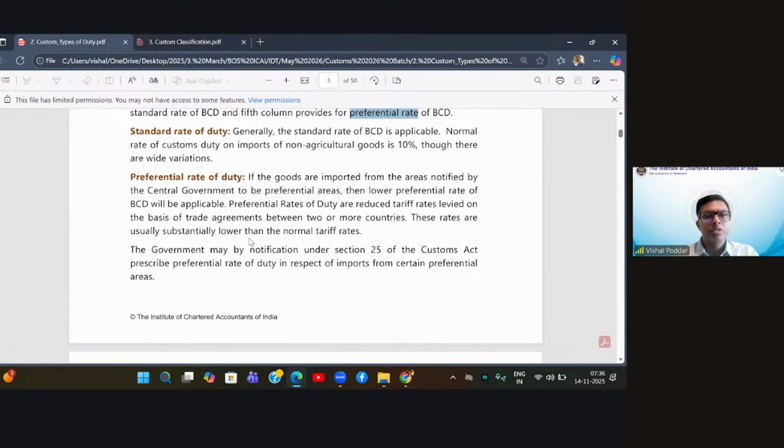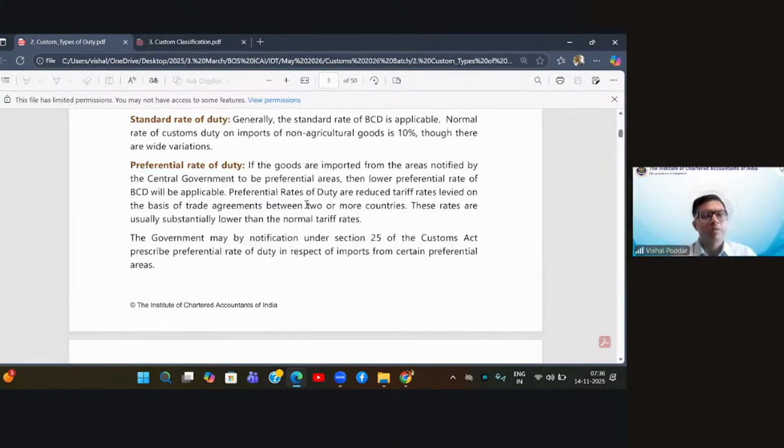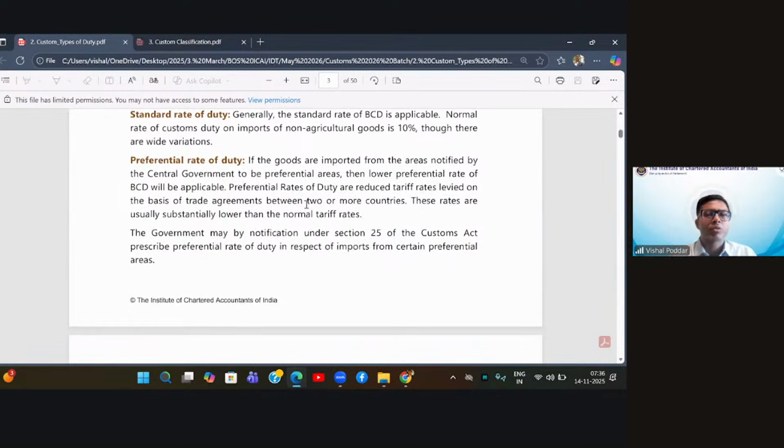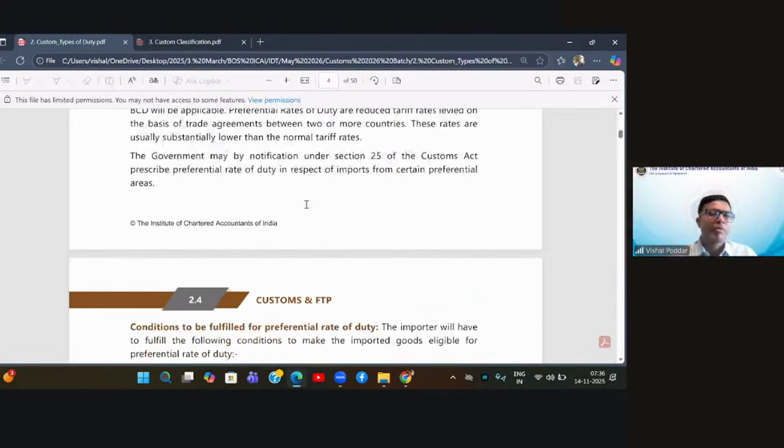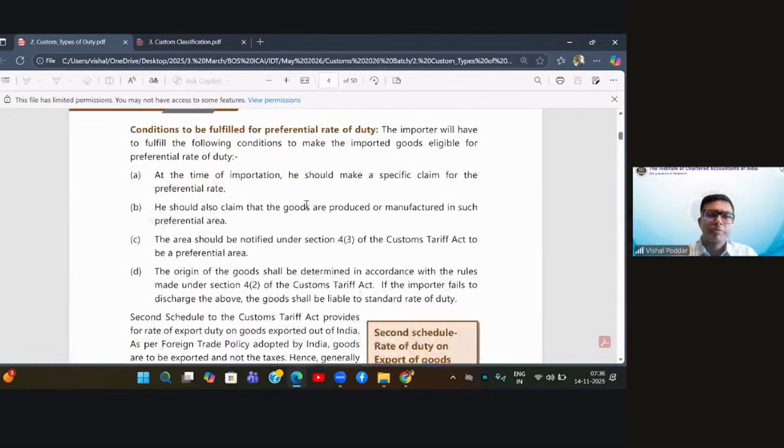So when goods are exported by those countries to India, since we have given them this status, lower rates will apply for them. And this last fifth column covers those lower rates, called the preferential rates of duty.